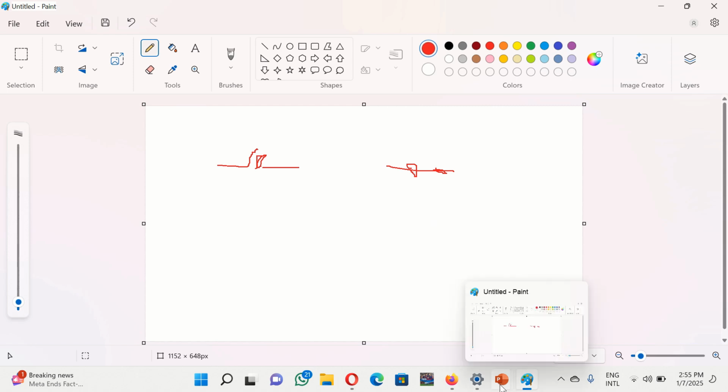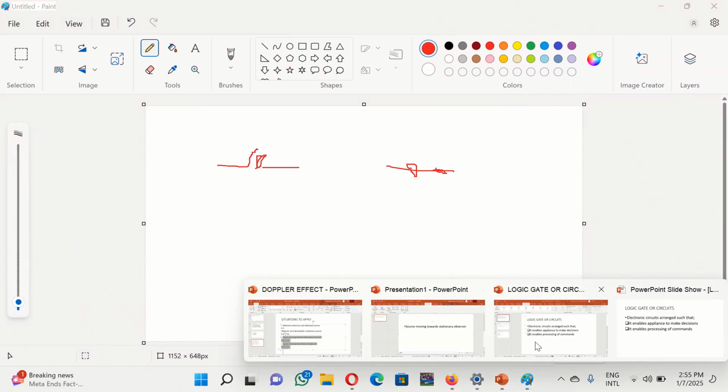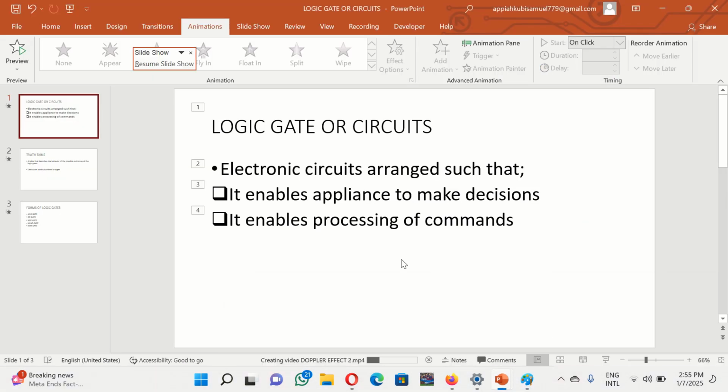So in logic gate, these transistors make the activity possible, because the moment you plug the fan into the socket, you switch on the socket, then you will come and switch on something on the fan itself before it starts working.